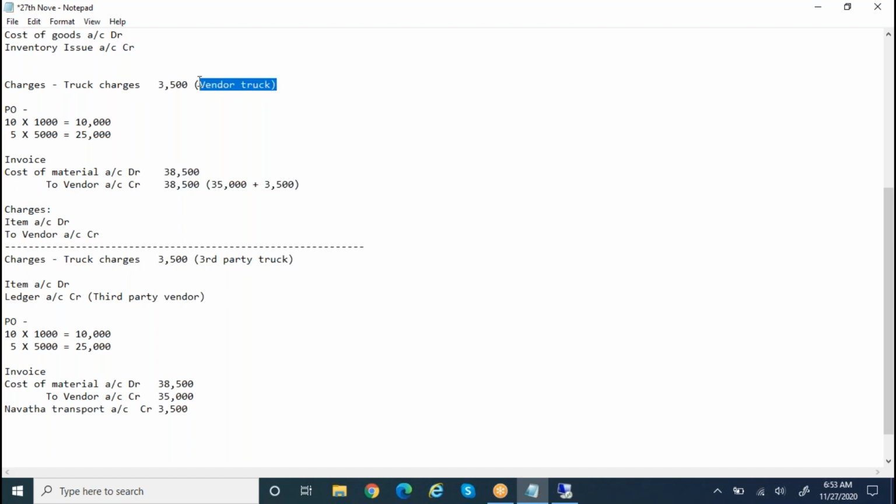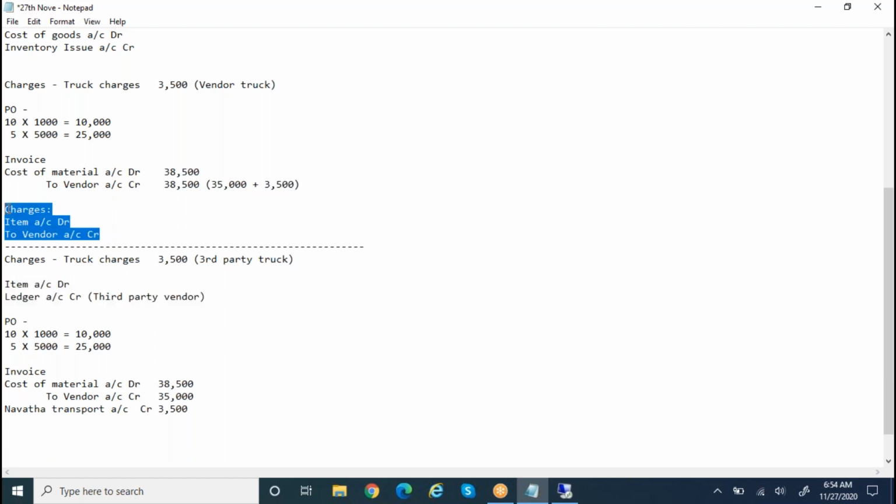One is the truck is arranged by the vendor, then I need to map vendor account credit and item should be debited. This is cost of material. If the truck is arranged by a third party, then it is not a vendor, it is a ledger account. So I will create one ledger account as Navata Transports or whatever transport is arranged, I will use that name and I will pay.